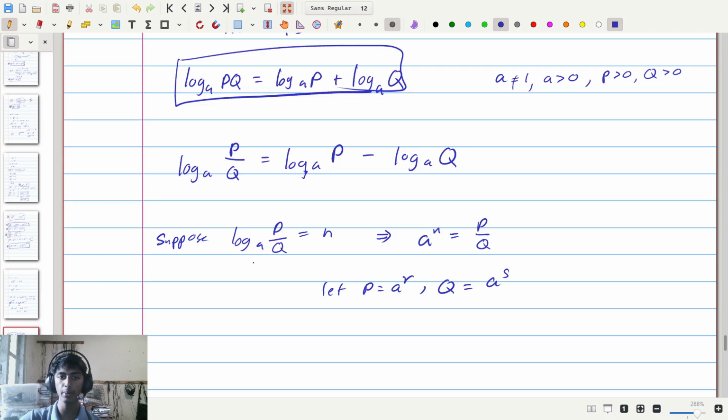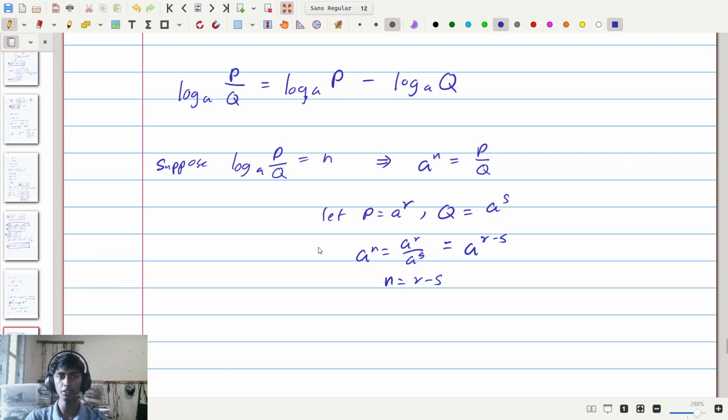In this case, what we have is that a to the n is equal to a to the r divided by a to the s. Recall that a to the r divided by a to the s, one power divided by another power, is equal to a to the r minus s. We can already see from this where this is going. This means that n is equal to r minus s.